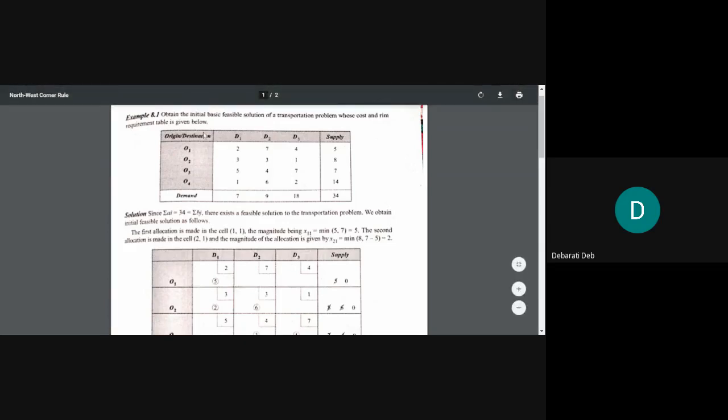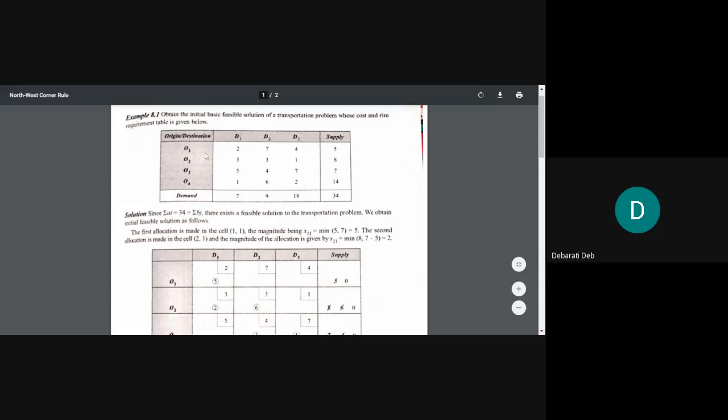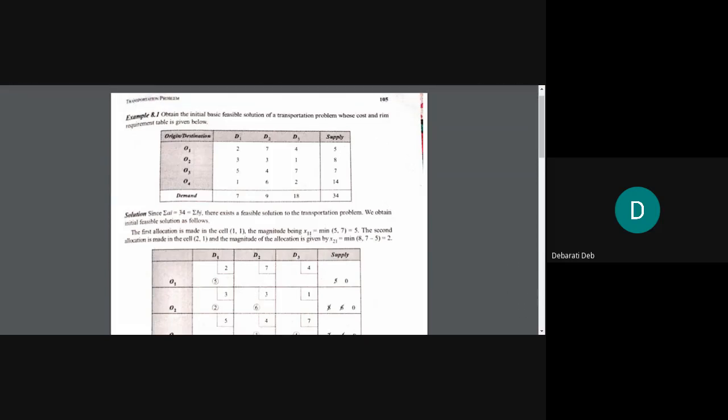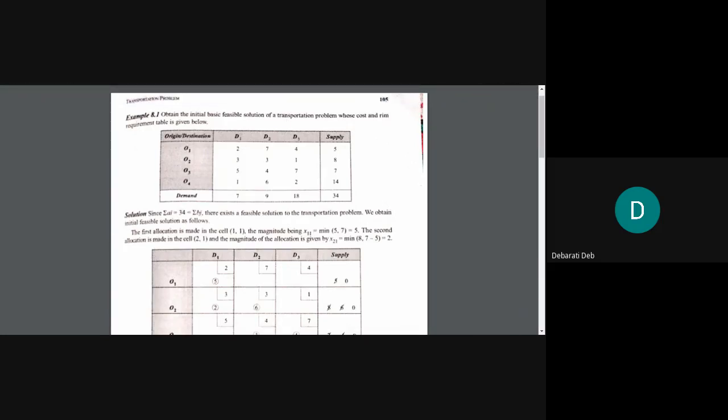Now see what is given. Obtain the initial basic feasible solution of a transportation problem whose cost and rim requirement table is given below.